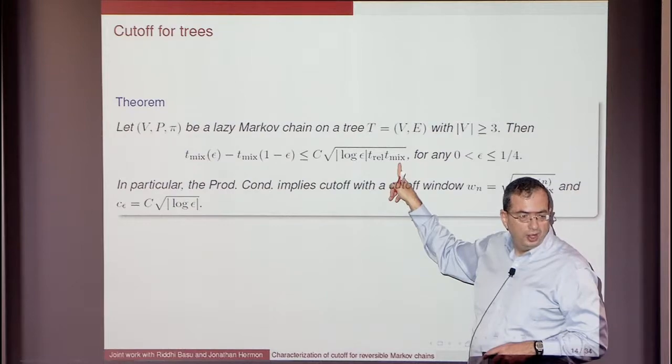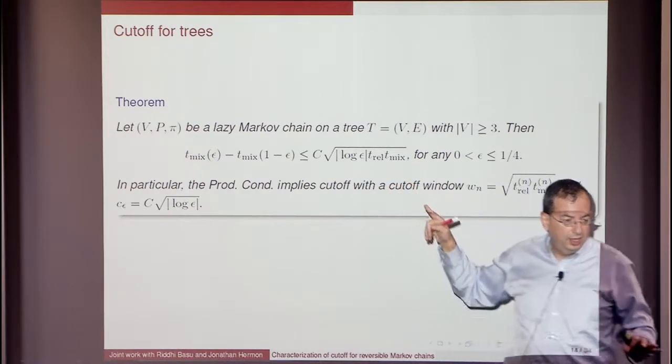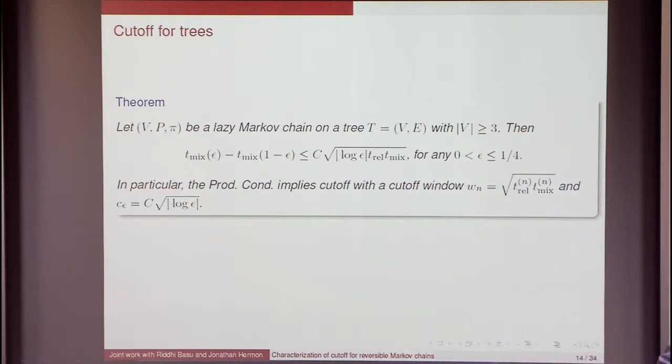Okay? So there are no assumptions here besides laziness and the fact that this is a random walk moving on a tree, so it moves nearest neighbors on the tree, but the transition probabilities are arbitrary.